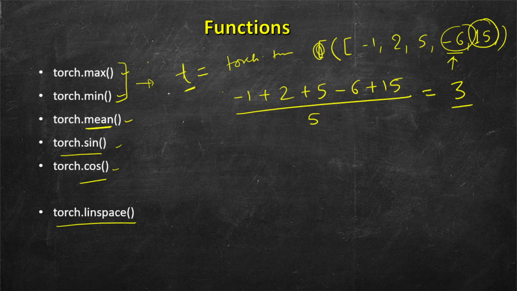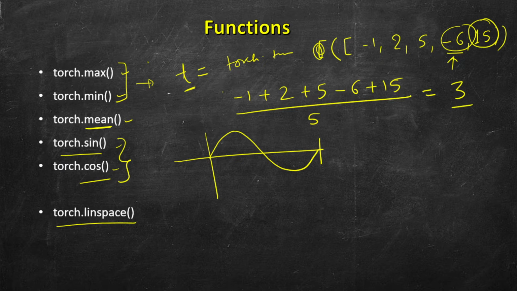Then sine and cos are trigonometric functions, and we know that a sinusoidal function behaves like this, and it repeats after intervals of 2 pi radians. So this value is 0, this is pi by 2, or in degrees you can call it 90 degrees, this is pi, 180 degrees, and so on.